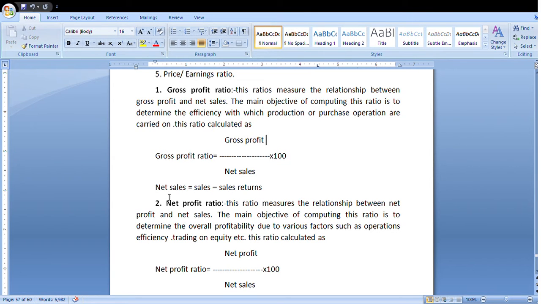Net sales is equal to sales minus sales returns. It is called a gross profit ratio.